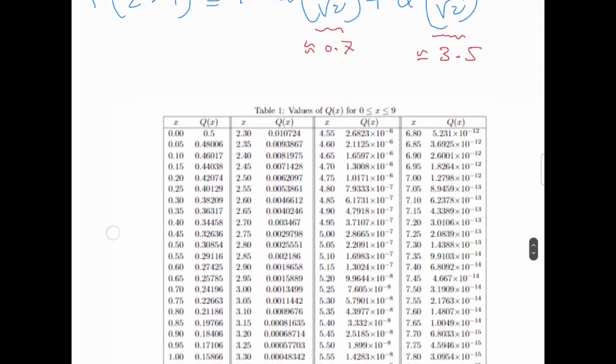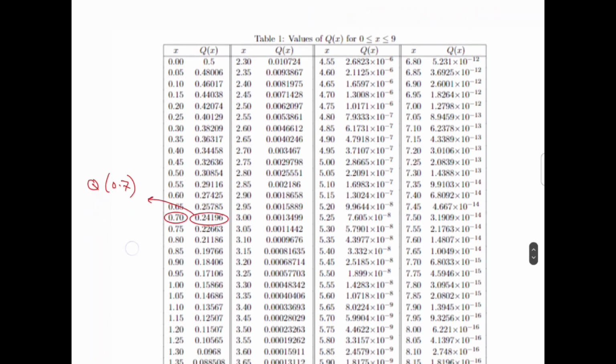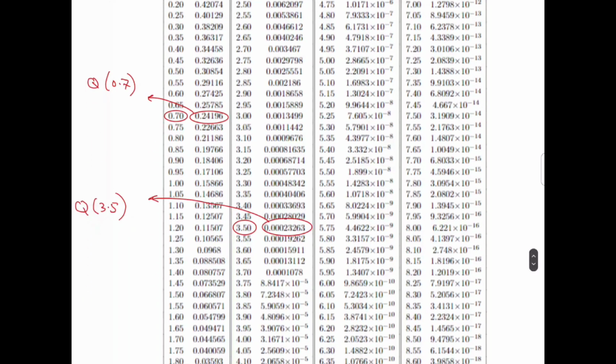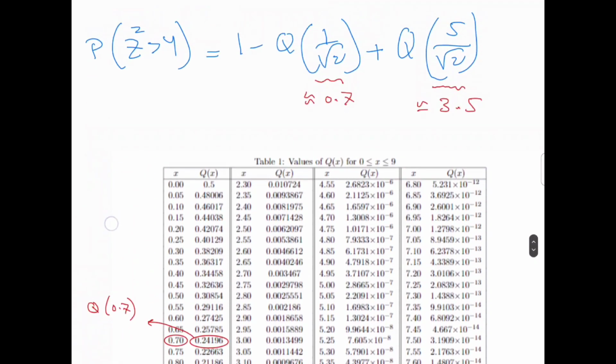So in this case, 0.7 is given here, and this is Q of 0.7. So Q of 0.7 and Q of 3.5. So 3.5, this is Q of 3.5.